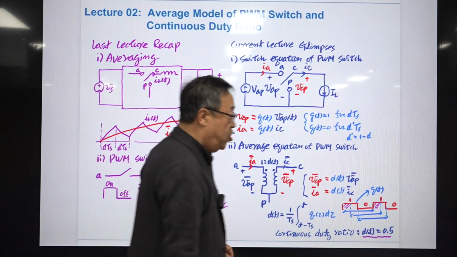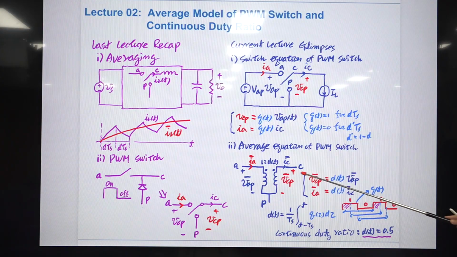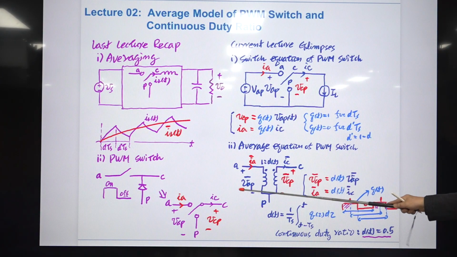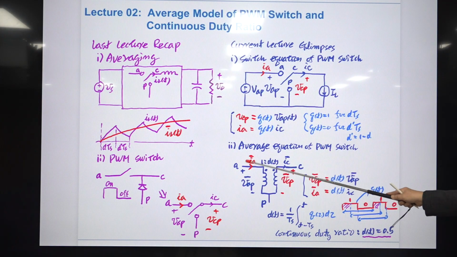Another difference between the ideal transformer and this average model of the PWM switch is that the ideal transformer is a two-port device, which has these 4 terminals, but in here, this terminal and this terminal are connected. So this is a 3-terminal non-linear device, which has the equation form of the ideal transformer.